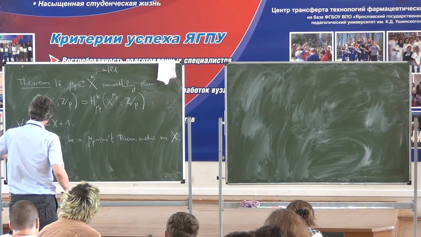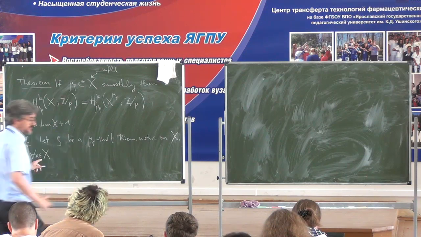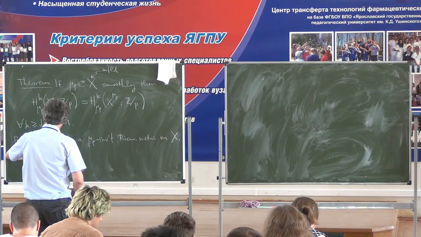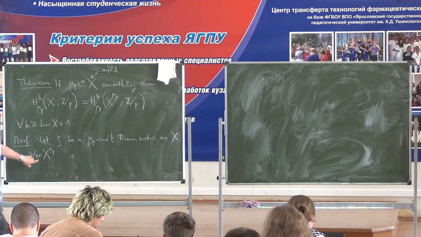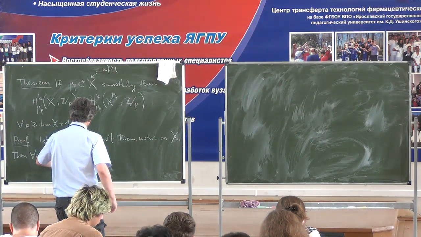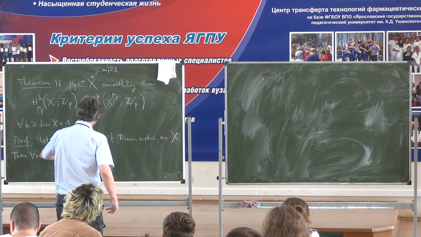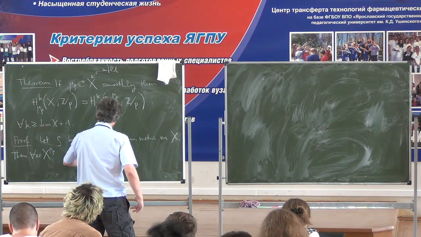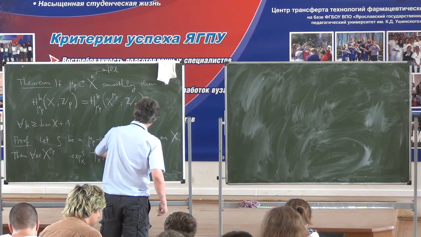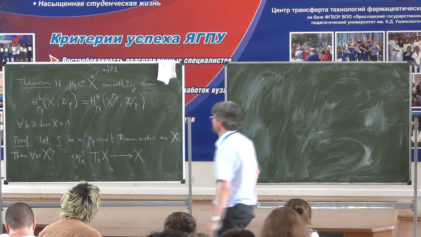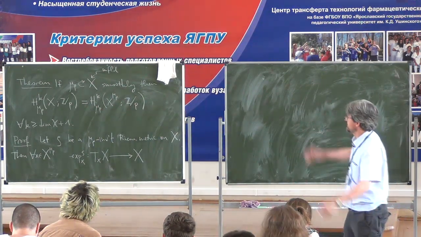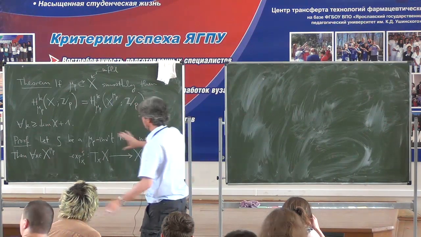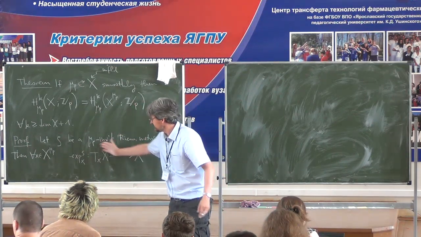Then for any fixed point in X, the exponential map with respect to ζ at the point x is a map from the tangent space to X. Let us assume, for example, that X is closed or complete, or otherwise it will only be defined in a neighborhood of 0.